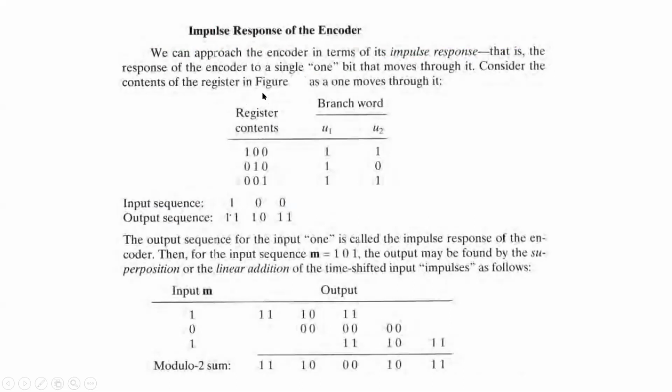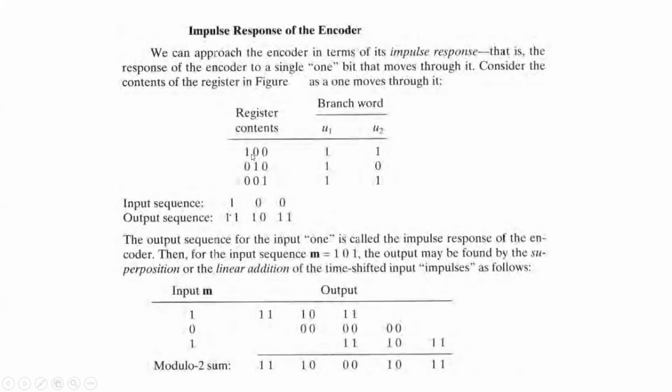Consider the contents of the register in the figure from the previous slide as if 1 moves through it. These are the branch words. So corresponding to 1 0 0, this is the branch word. When you move 1 0 0, this will be the branch word.